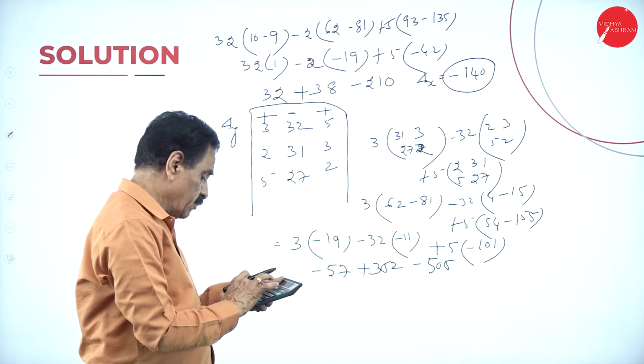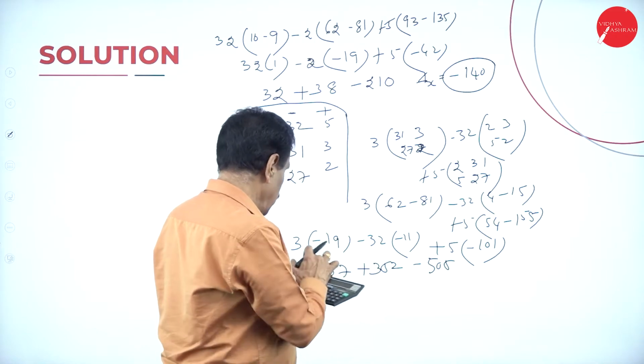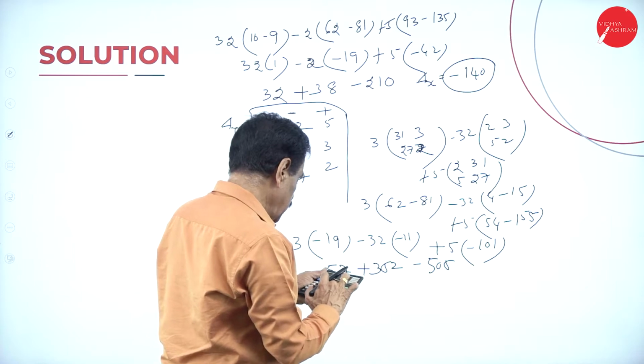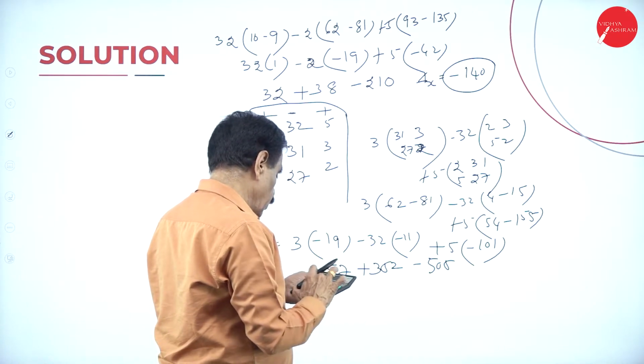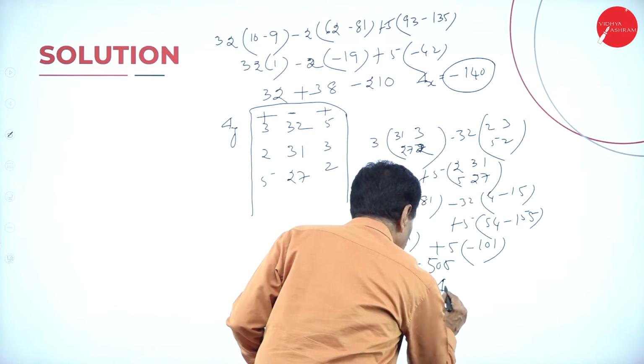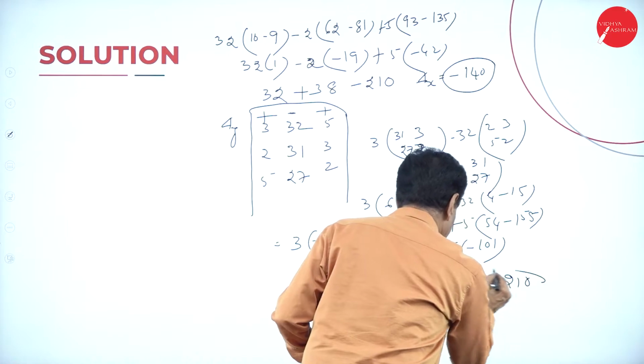So 505 plus 57 minus 352, minus 210. Delta y is equal to minus 210.